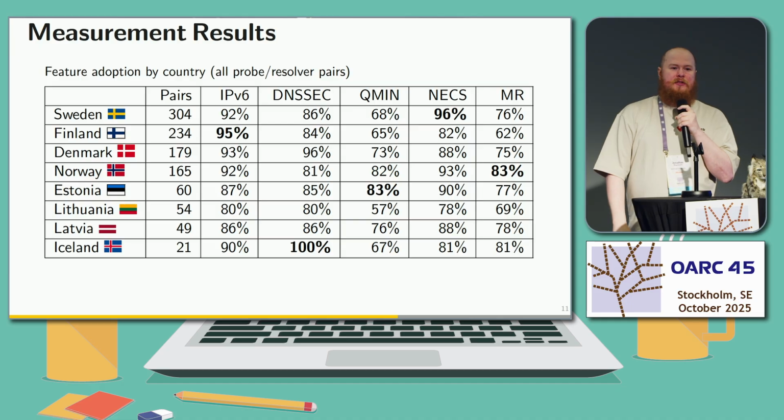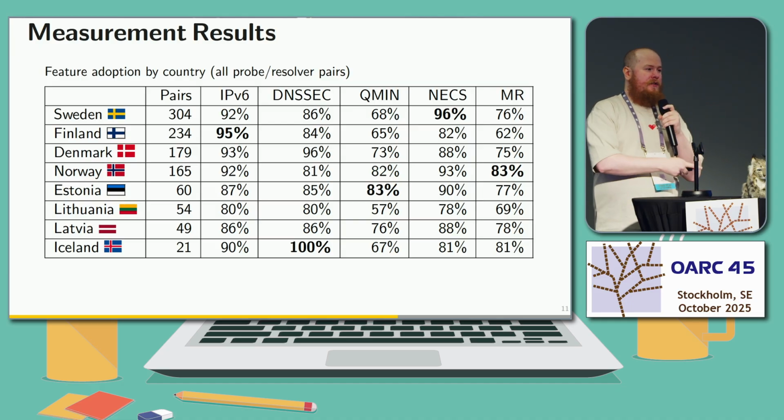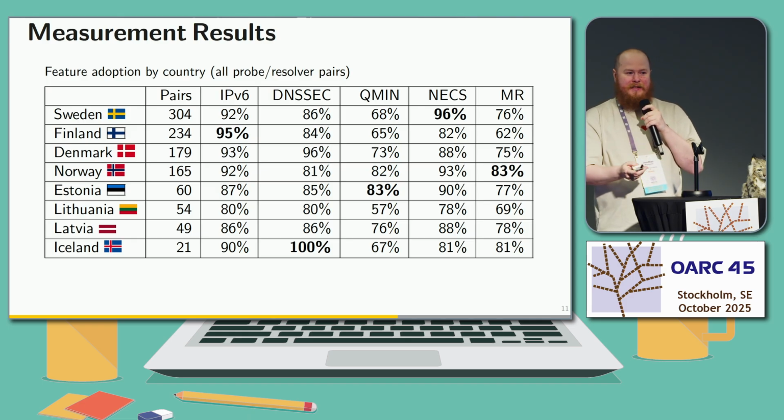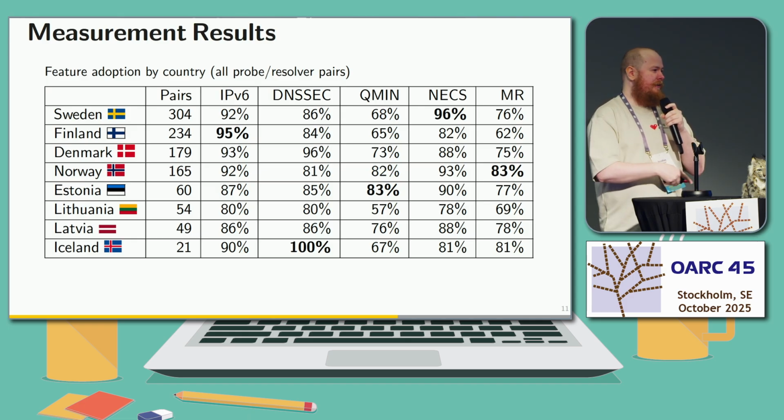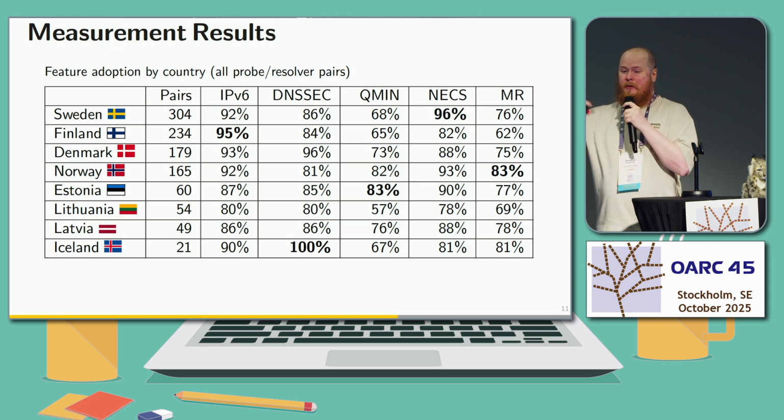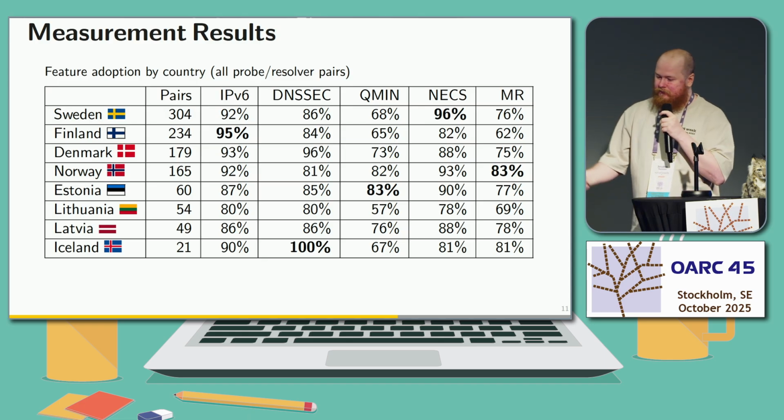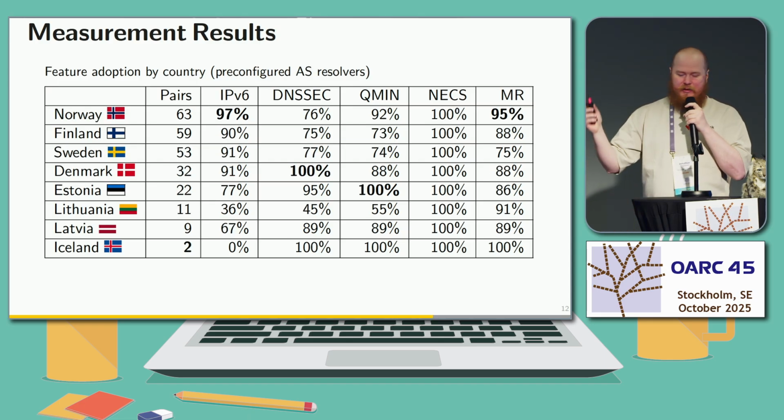But we also wanted to take a look at the fact that private resolvers are probably set up by the same person running the RIPE Atlas probe. So maybe they're biased in how they set up and configured the resolver. At the same time, if probes are using public resolvers, that might not be representative of the countries themselves. So we take a look at the AS resolvers, those usually provided by the ISP, and the numbers shift a little bit.